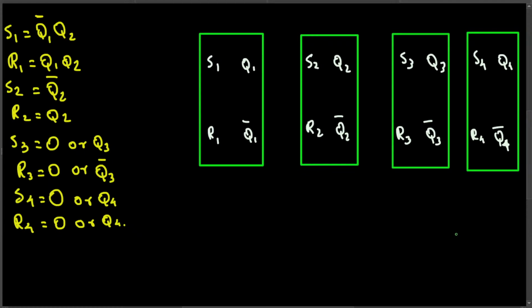Okay. First, let's look at the S1. What is this connected to? We have an AND gate, Q1 not and Q2 connected with S. Okay, let's put the AND gate right here. Q1 not, that's coming from here. Let's connect this one with that.